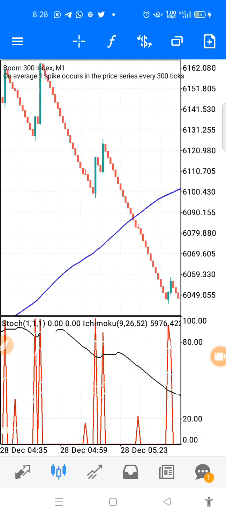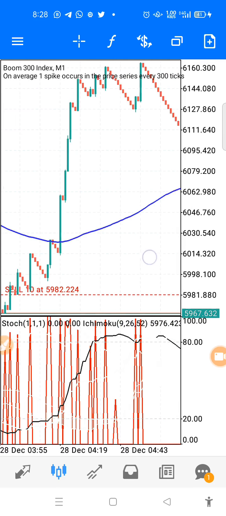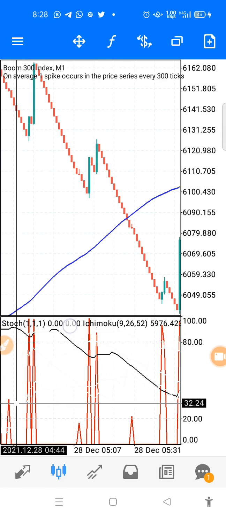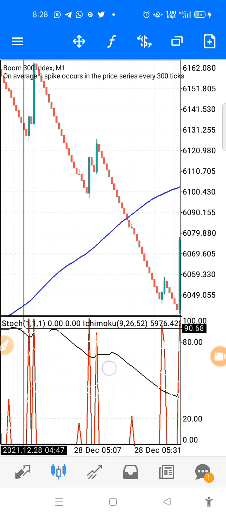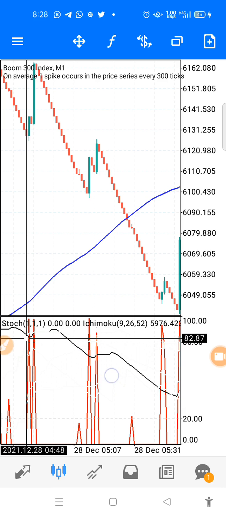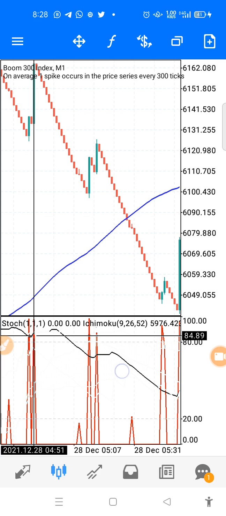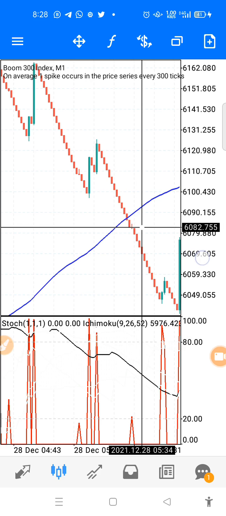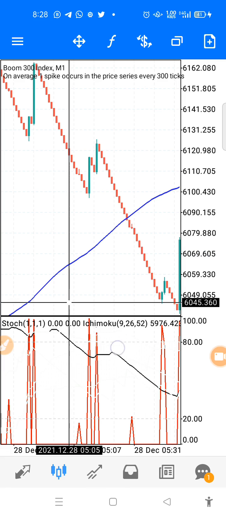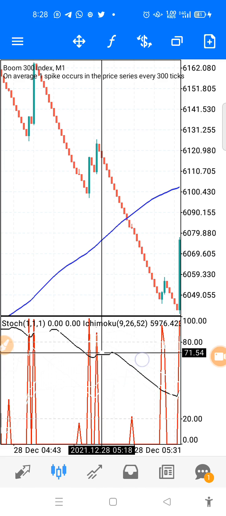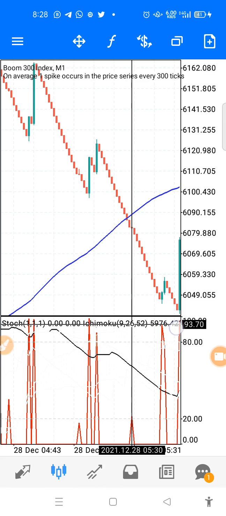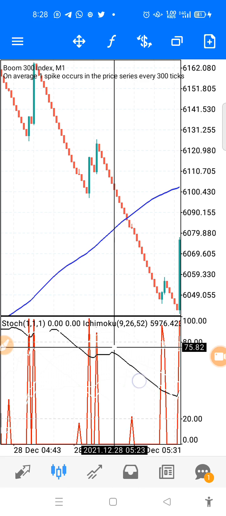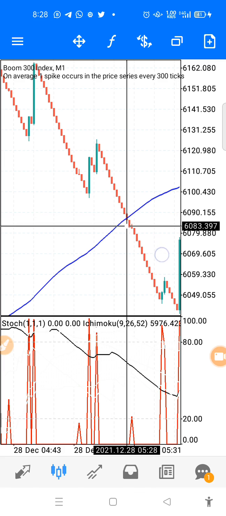For example, when we have the market at the overbought level, that's at the 80 level of the ichimoku, we are preparing to sell, but we cannot sell until the market crosses the moving average, because that is when it is safe to sell. So we are waiting for it to cross, even though we know the ichimoku will be moving down. Now when you have it crossing the moving average, around this point you will enter the market immediately.